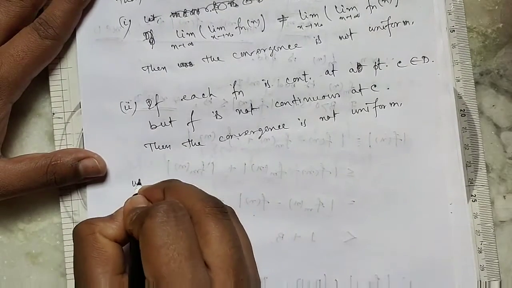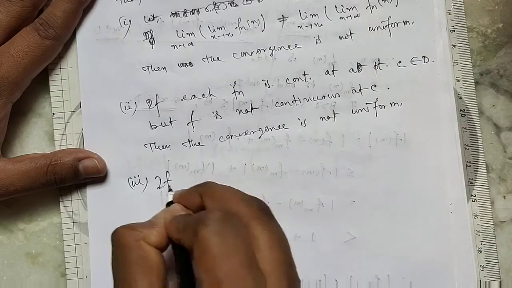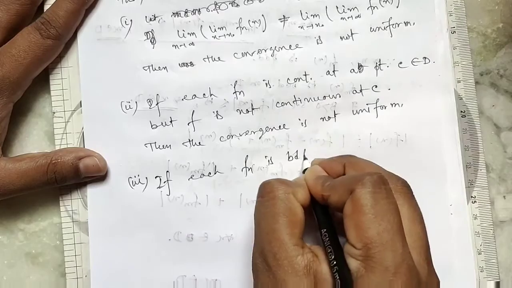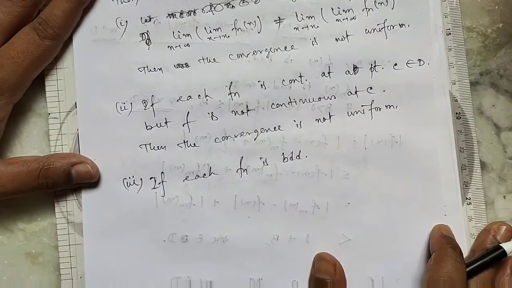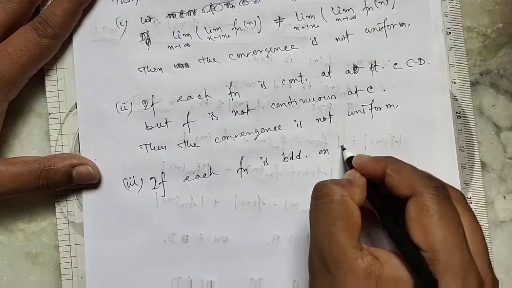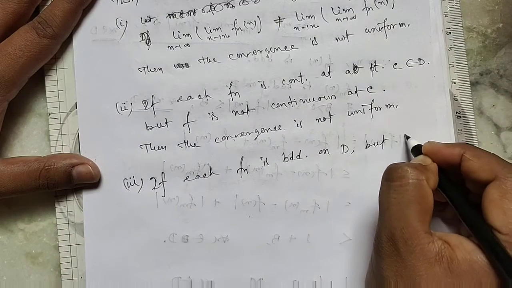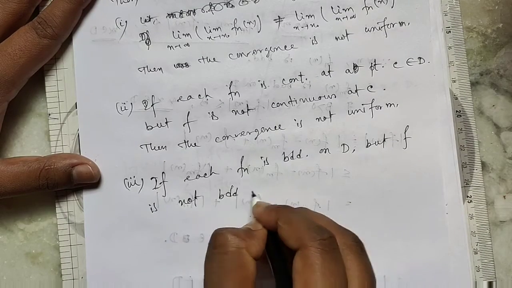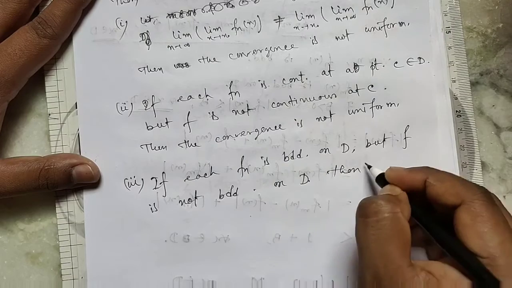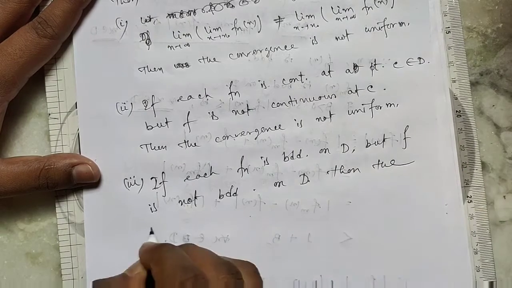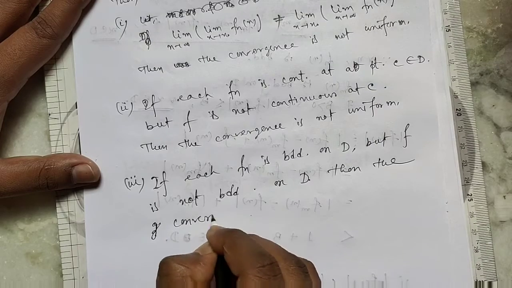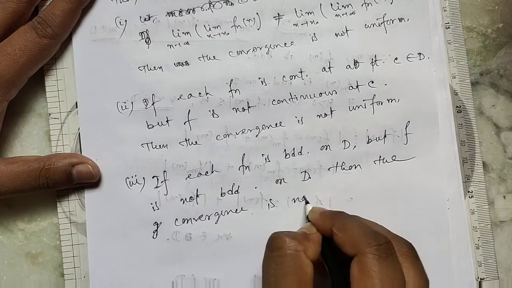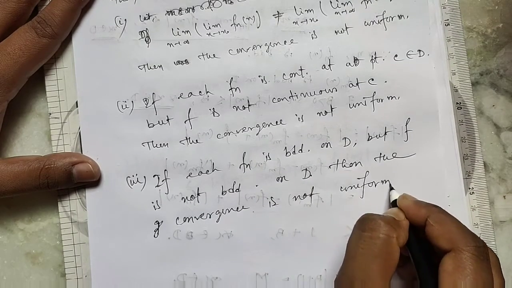Okay, number 3, if each fn is bounded on D, but the limit function f is not bounded on D, then the convergence is not uniform.